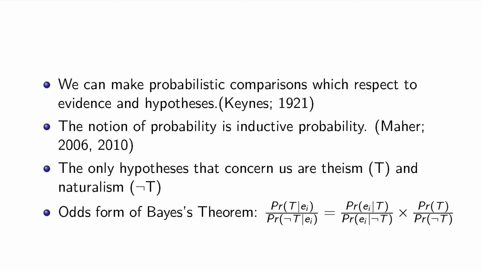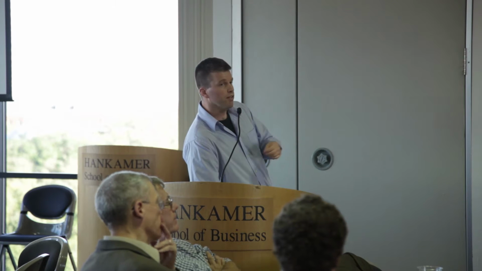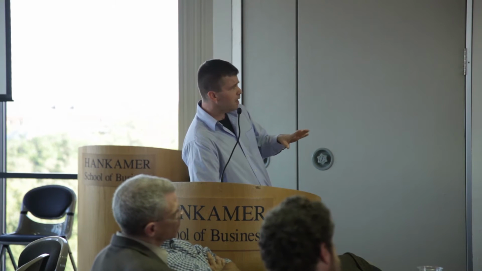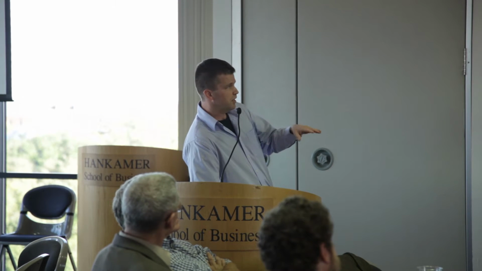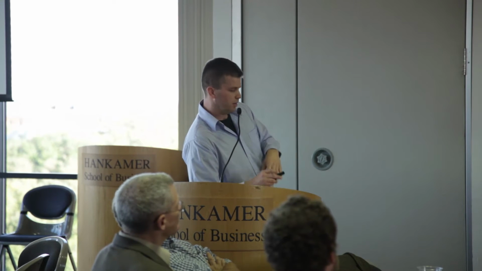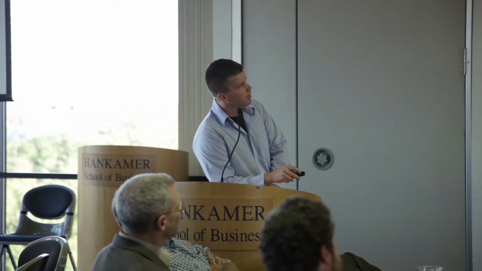And that ratio is going to indicate how the evidence bears on that. And the cool thing about the odds form of Bayes' theorem is that that ratio is equal to the product of the likelihoods and the ratio of the priors.